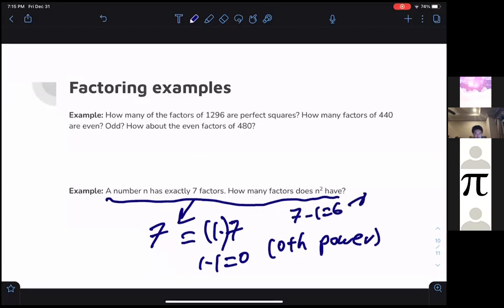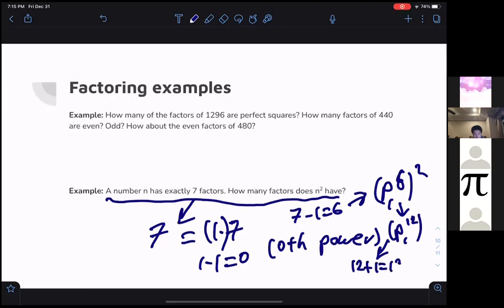I'm just going to say p1 is a prime. p1 to the 6 is the number. So when we square this number, it becomes p1 to the 12th. And p1 to the 12th, when we put it back in, gives us 12 plus 1 equals 13.